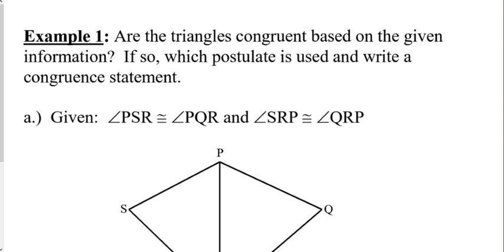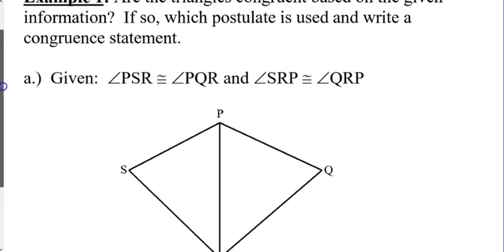All right, example 1. Are the triangles congruent based on the given information? If so, which postulate is used, and write a congruent statement?